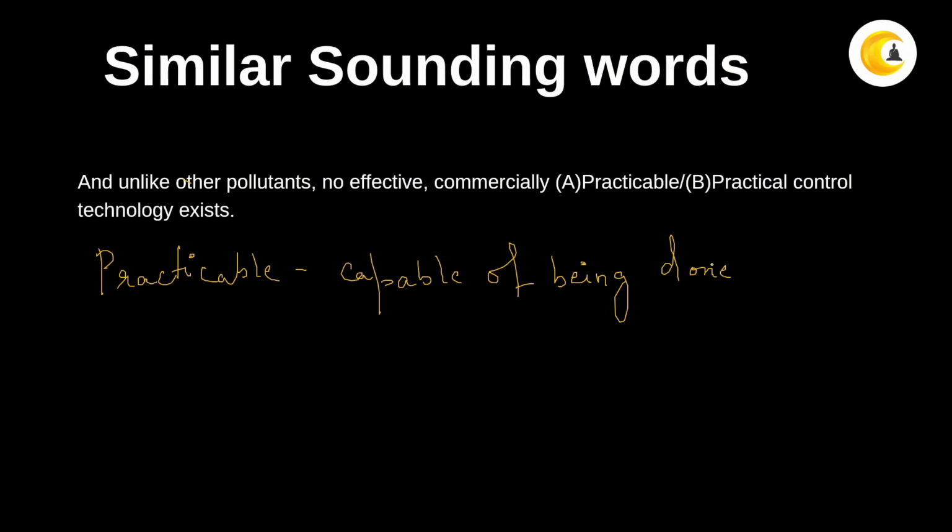Like you can do it. It is something that is practicable, something that can be done. What is practical then? We often say, oh, this is pretty practical to do, right? But what should we actually be using? We should actually be using practicable to mean able to be completed or done, right?